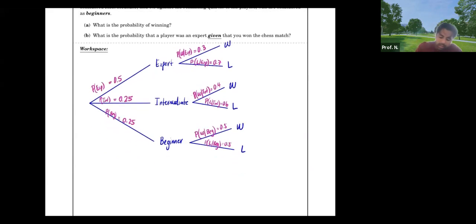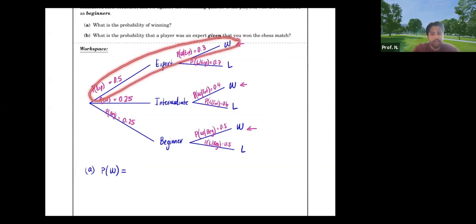Now, part A only asks me, what's the probability of me winning? So to win, I can either have played an expert, I can have played an intermediate player, or I could have played a beginner. So that is why I need to account for this whole branch here.